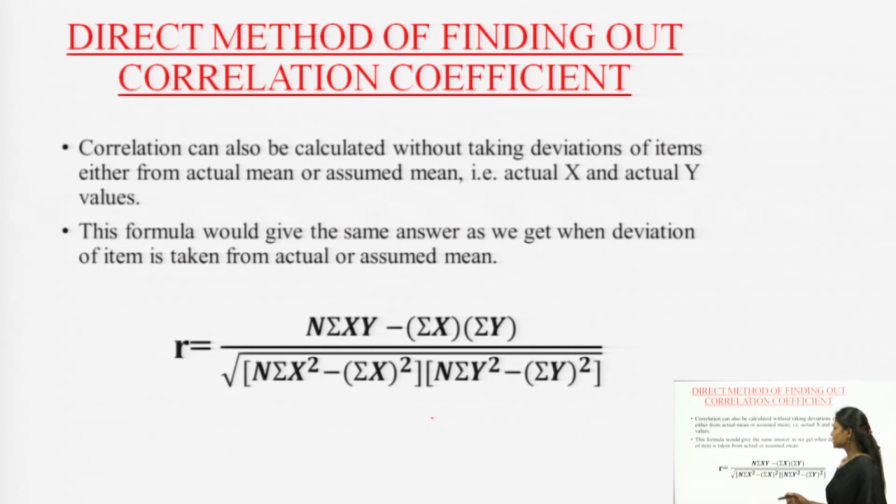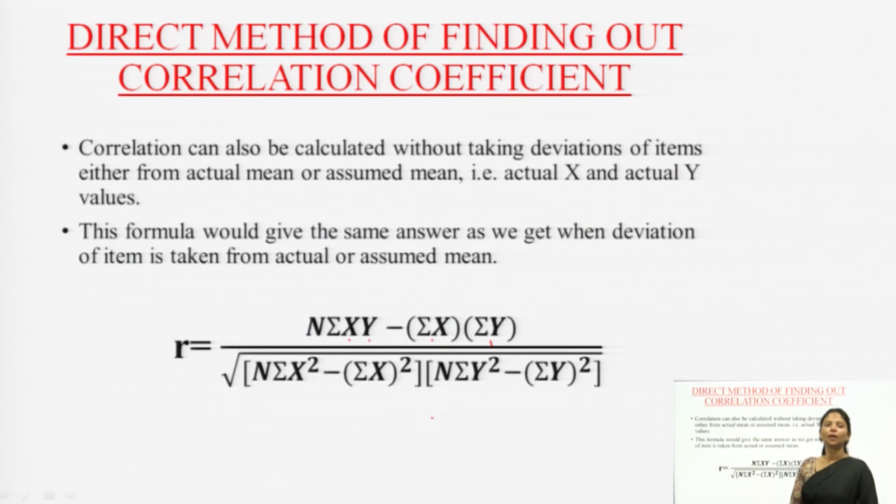So, what happens here is, we have coefficient of correlation r, n is the number of items as we know, x are the observations given for the x variable, y are the observations given for the y variable. If we add all the x observations, that gives summation of x. If I add all the observations given for y, that gives summation of y.